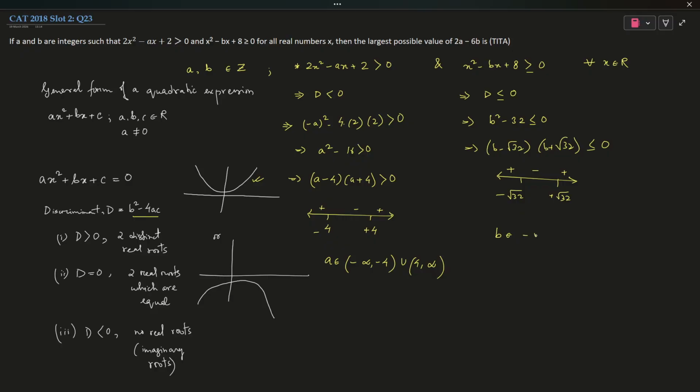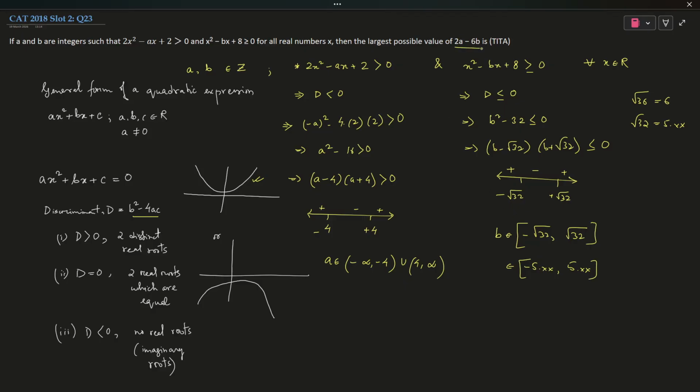So b belongs to minus root 32 to root 32, with closed brackets, okay. Now guys, root 36 is 6, so root 32 will be 5 point something. I can write b belongs to minus 5 point xx comma 5 point xx included.